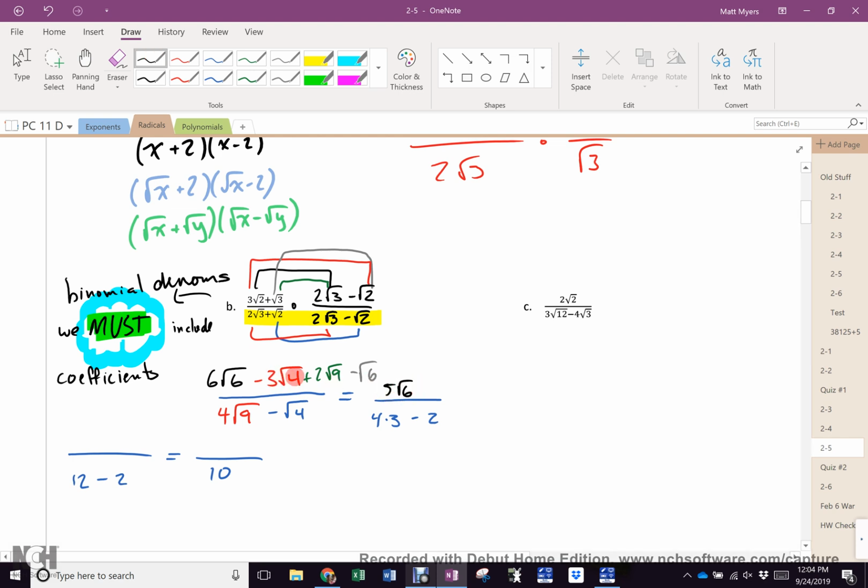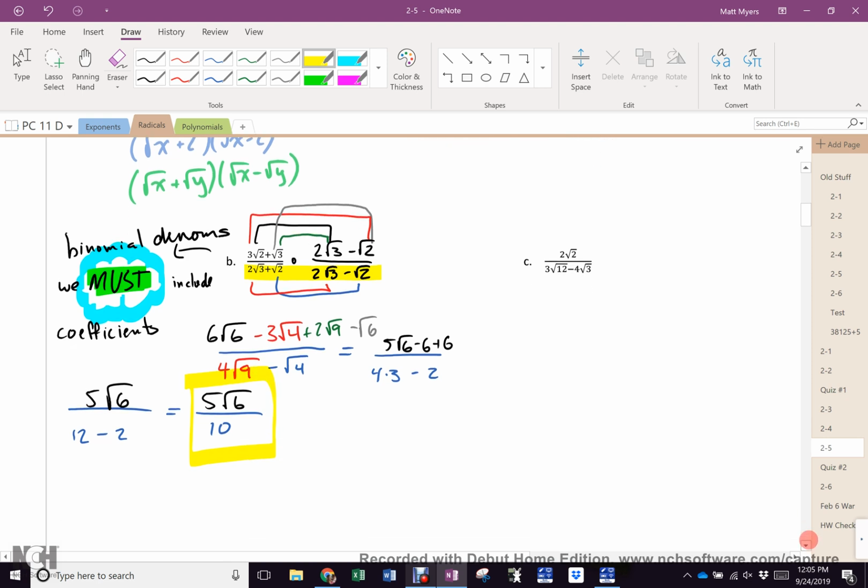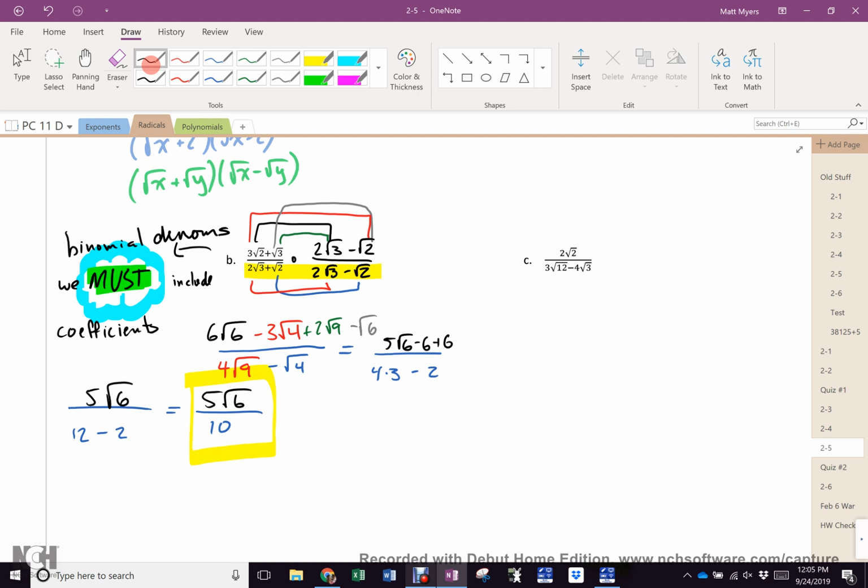What is the root of 4? 2 times 3, negative 6. What's the root of 9? Times 2, plus 6. Hey, look, they fell apart. 5 root 6, because it doesn't simplify. Can I do anything there? Right.